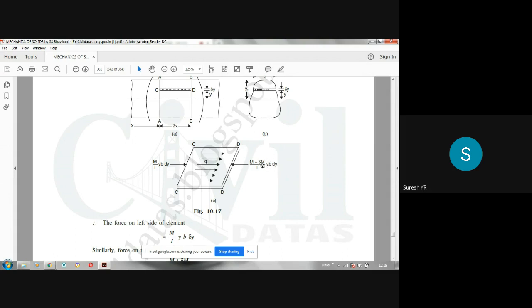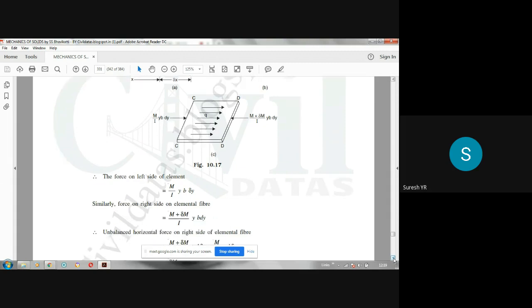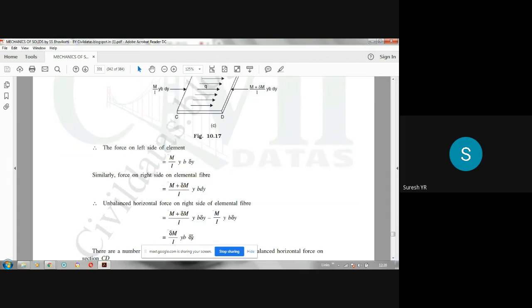If delta M is positive, this is more than this. When we take the difference, whatever delta M by I into y b delta y is there will act like this, and that should be resisted by a shear stress in the opposite direction. Since this is more, this is the action and this is the reaction. So the shear stress will be acting in the opposite direction.